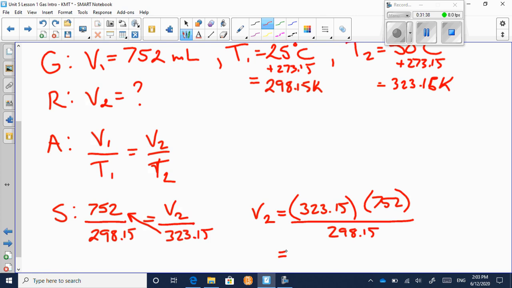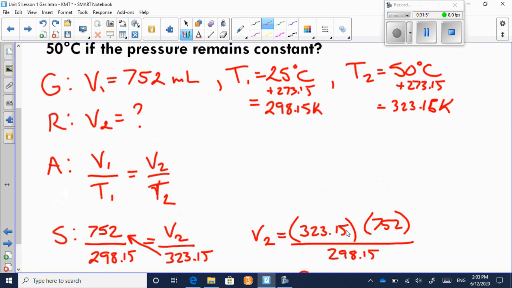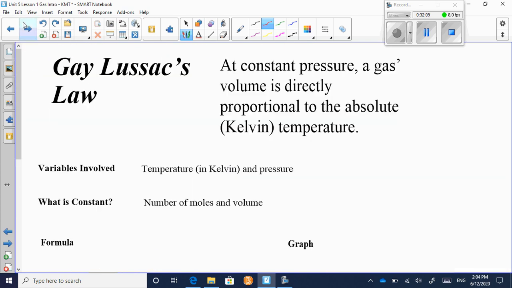Okay, 323.15 times 752, and then divided by 298.15, and I get 815 milliliters. Okay, and obviously since I've increased the temperature, I'll have to increase the volume in order for the pressure to remain constant. Remember, that's the key thing here: if the pressure is going to remain constant, I'm going to have to increase the volume. Okay, so that was the second law.